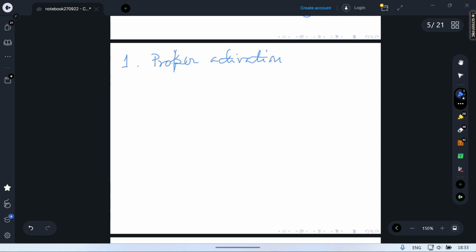We will discuss those. We will see that for some activation functions, the vanishing and exploding gradient problem increases if you use them in your deep neural network, but for some it is much less.